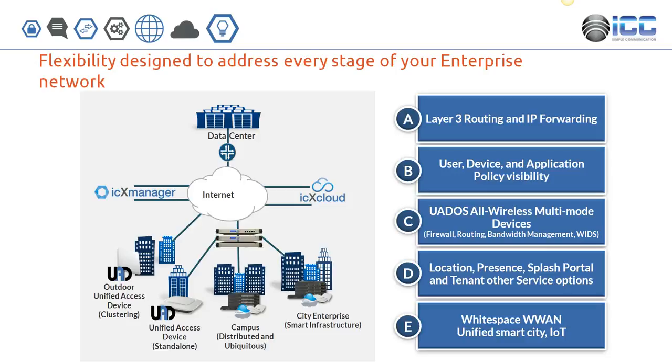Providing multiple layers and capabilities from a routing perspective, user level policies, device level capabilities to change what those devices are at the end locations, and location and content based controls for presence and splash portals, and of course the wireless WAN capability from a white space industry perspective.